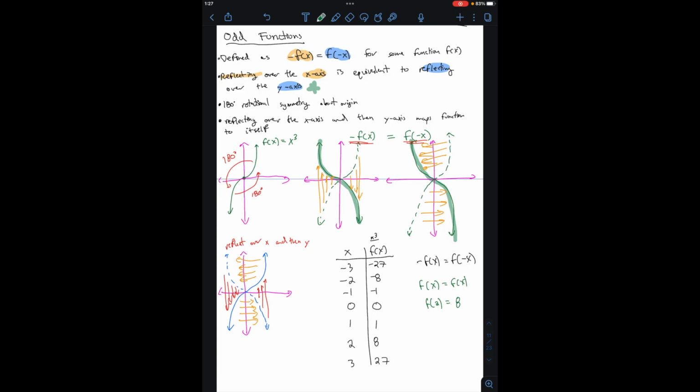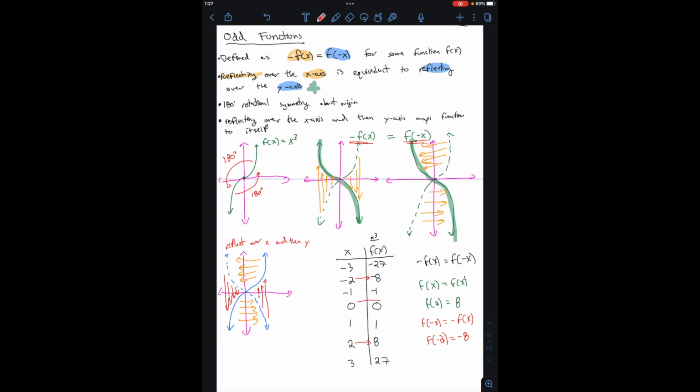Well, if I make the second f of x negative and the first inside negative, so f of negative x equals negative f of x. So f of negative 2 equals negative 8. And we see that that's true. If 2 gives me 8, well, negative 2 gives me negative 8. So that's this odd symmetry.